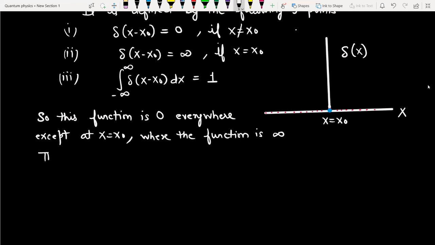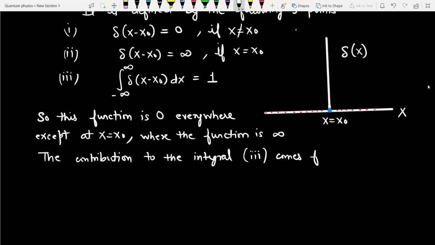The contribution to the integral, obviously, this integral that I am referring to, comes from the point x equal to x naught.